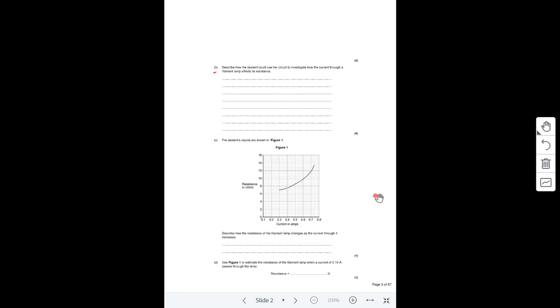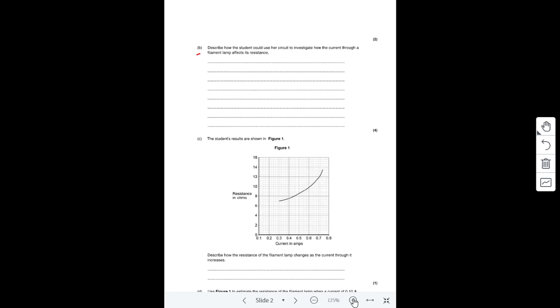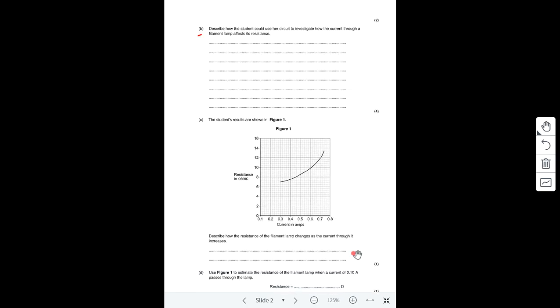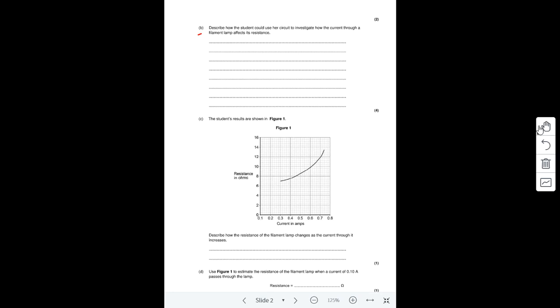So it's given as: use the figure, resistor, filament lamp, current of 0.10. So at 0.10, what you have to do is draw a vertical line. Since this curve is not a complete curve, think how you can calculate something.